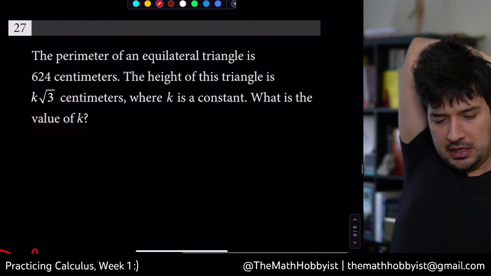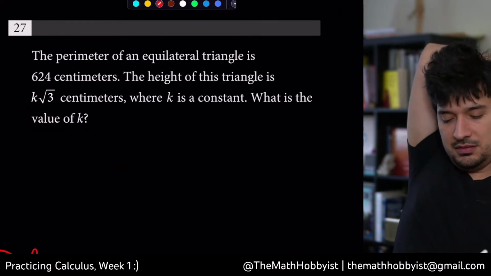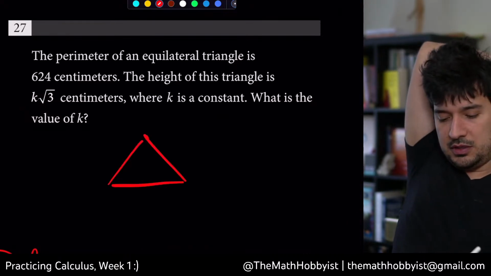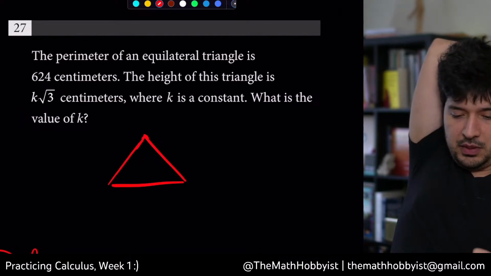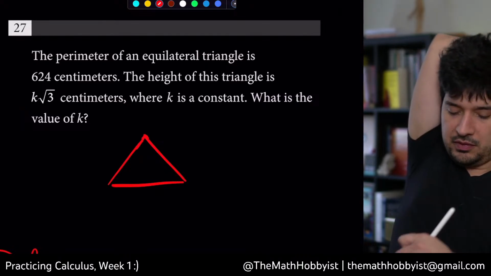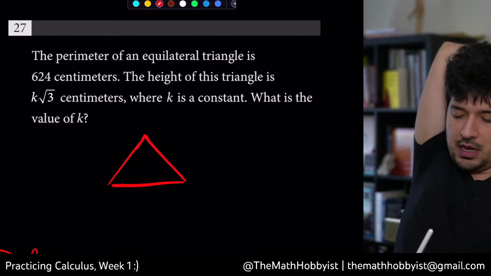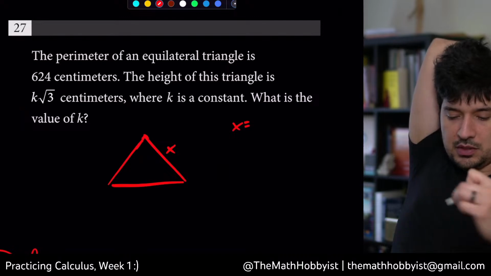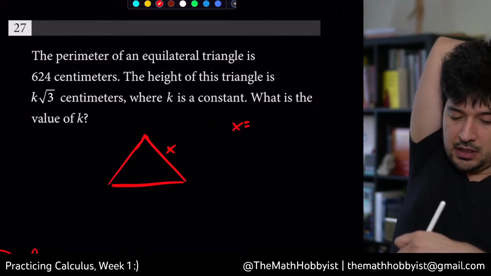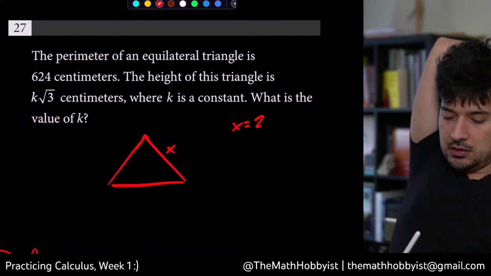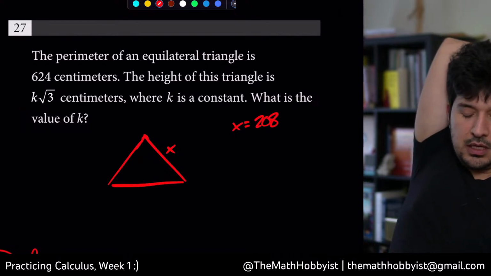Perimeter of an equilateral triangle. Y'all, I'm struggling over here. 624 centimeters. If it's equilateral, then each side length, maybe x, is going to be 624 divided by 3, which is 208, right?